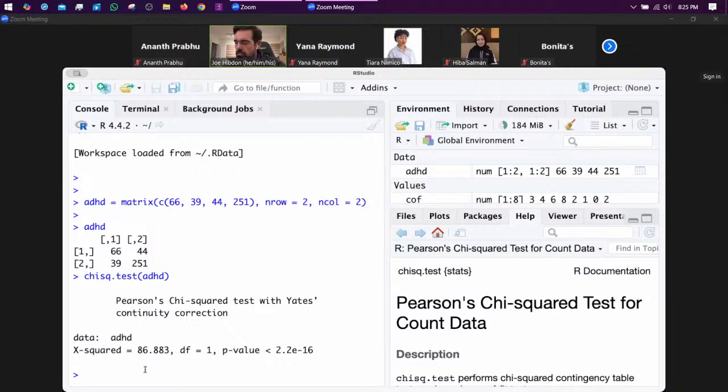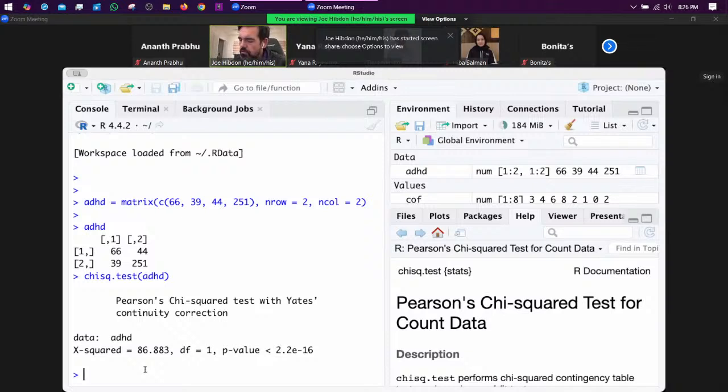Okay, so let's go back to my tablet. We calculated this. We got a chi-square to be 86.883. So, step 5.